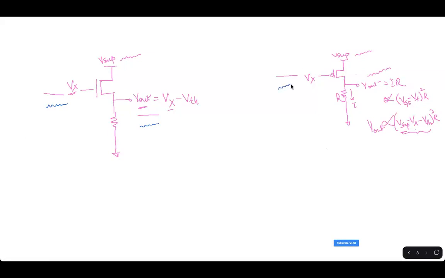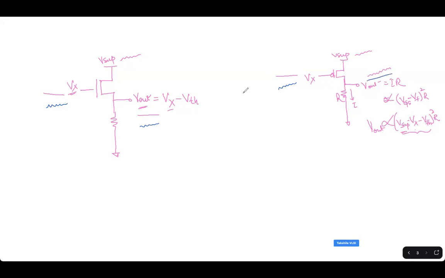If Vx has some noise which is correlated with VSUP, what happens? VSUP has noise, Vx has noise, and they cancel each other. I'm talking about correlated noise between VSUP and Vx. They cancel each other, and hence you get a cleaner I, and hence Vout will be a constant voltage.